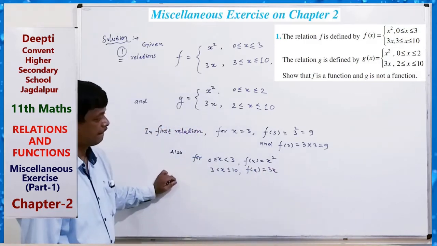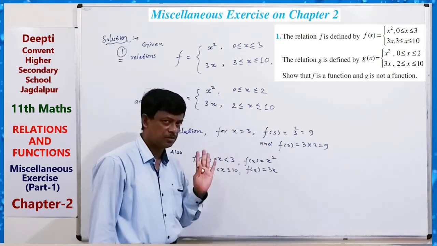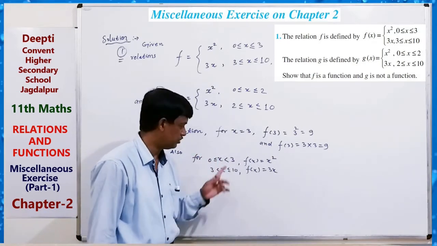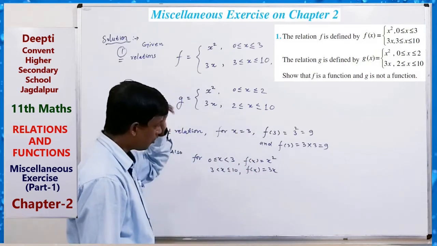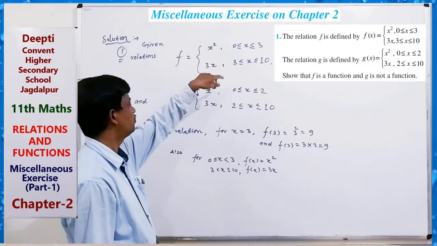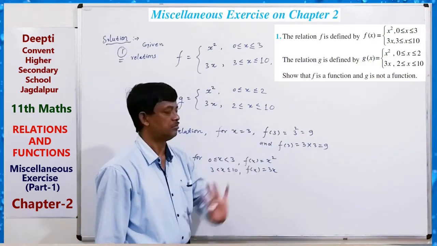This is a unique element for this part. Here 3 is not involved. Here 3 is also not involved. For this part x square, for this part 3x. And for 3, in both places, we are calculating 9.